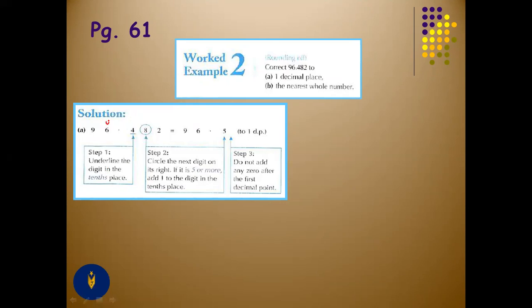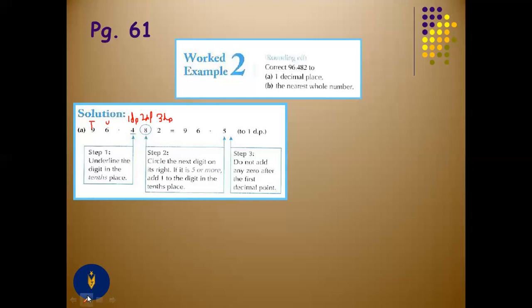The last most digit is unit, then we move to the left: 10, then 100, 1000, 10,000 इस तरीके से. उसके बाद क्या होता है, पॉइंट के बाद अगर डिजिट्स हो then how will we read that. Like first decimal place, second decimal place. पॉइंट के बाद जो फर्स्ट डिजिट होता है, that is known as first decimal place, और you can say 10th place. Okay. Second decimal place, that is 100th place. Then third decimal place, that is 1000th place. Okay, like this we will call.